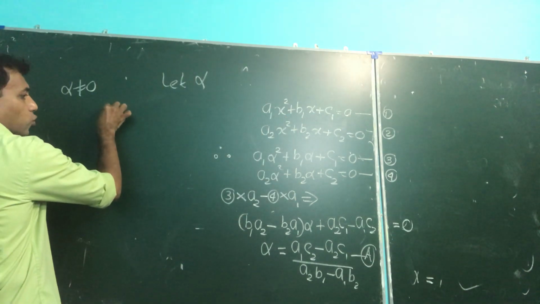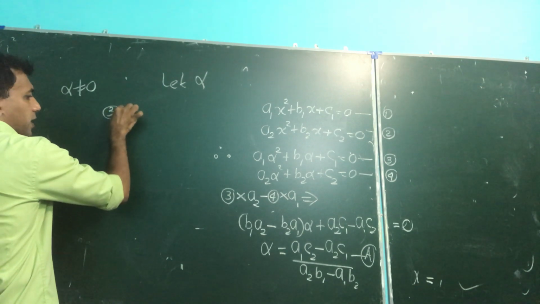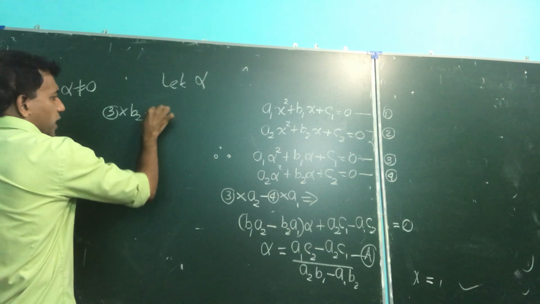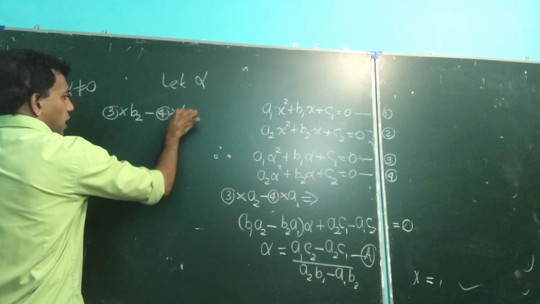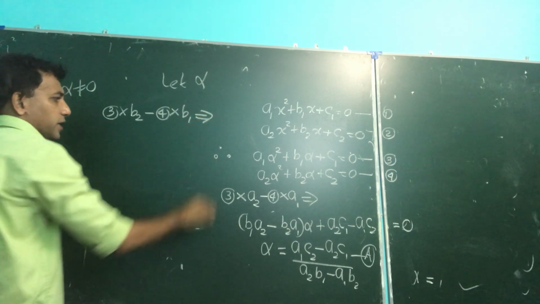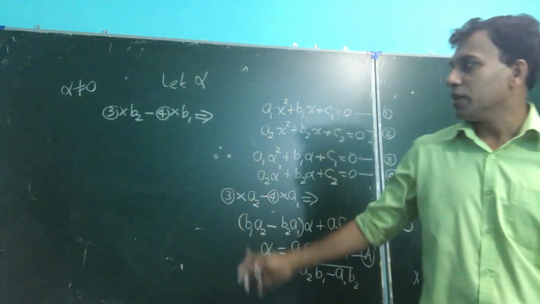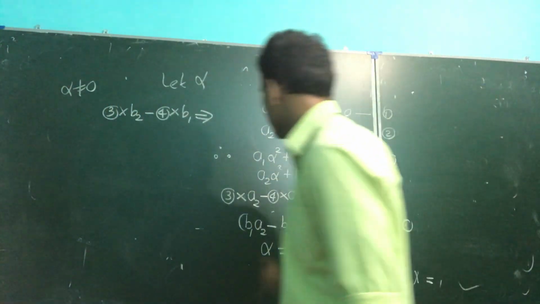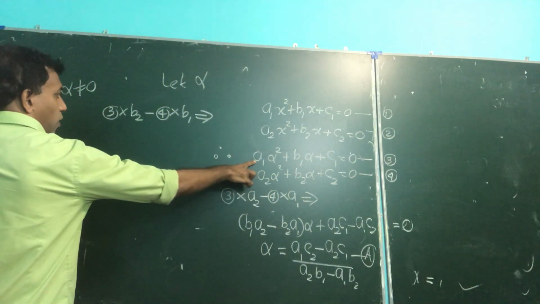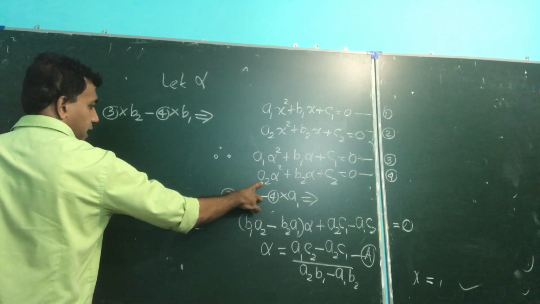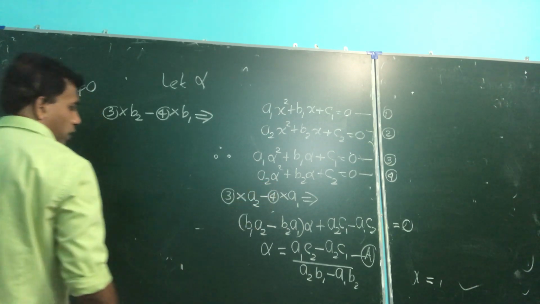So the third equation multiply by B2, subtract the fourth equation multiply by B1, right? Third equation multiply by B2, the other one by B1, and subtract. Then what happens? A1 B2 alpha square minus A2 B1 alpha square.